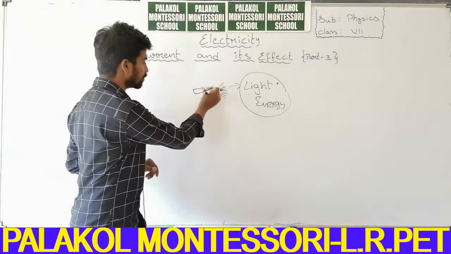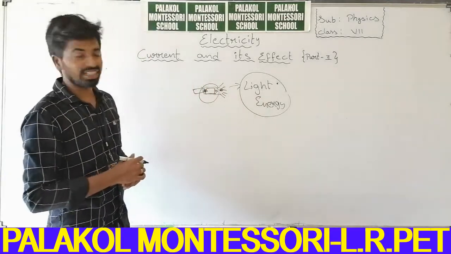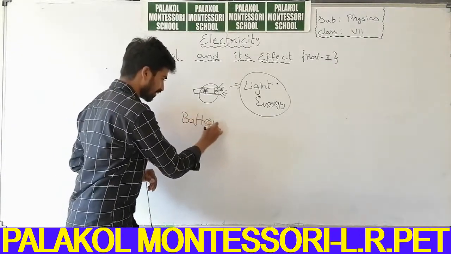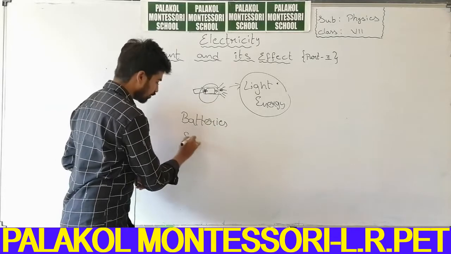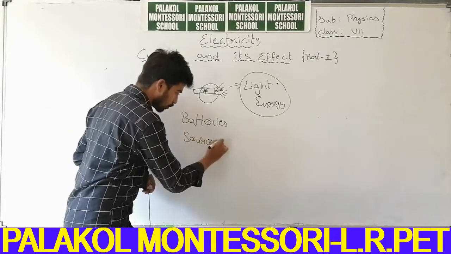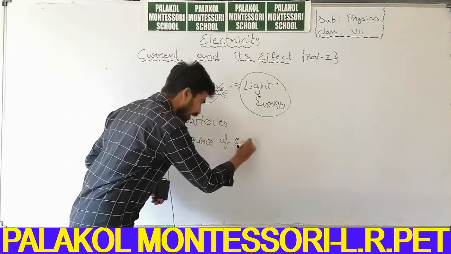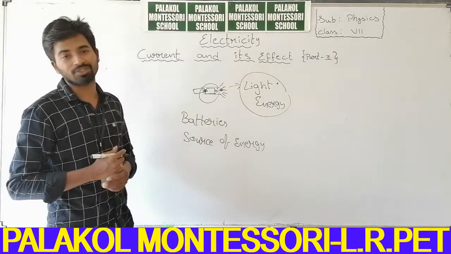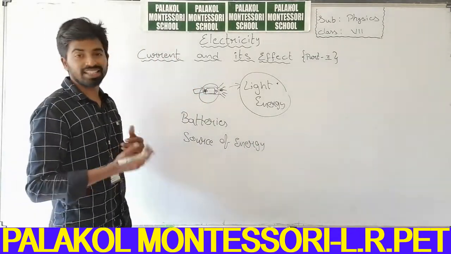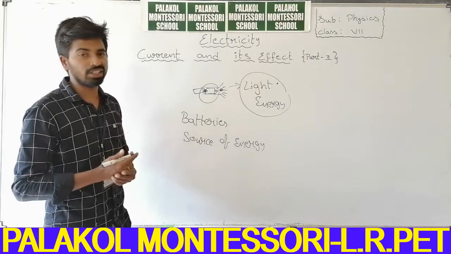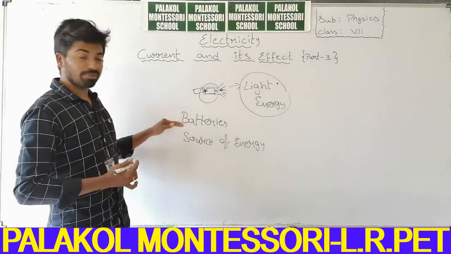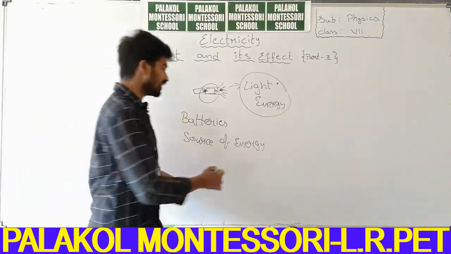So what is the purpose of the battery in the torchlight? Batteries act as a source of energy. What is happening inside the battery? A battery consists of chemicals. We have already learned in the previous class how to construct our own battery, using chemicals.